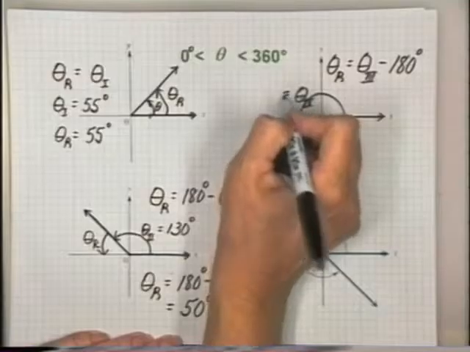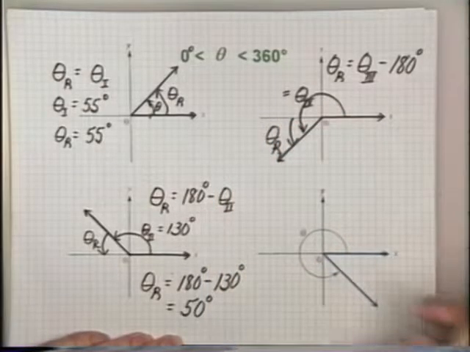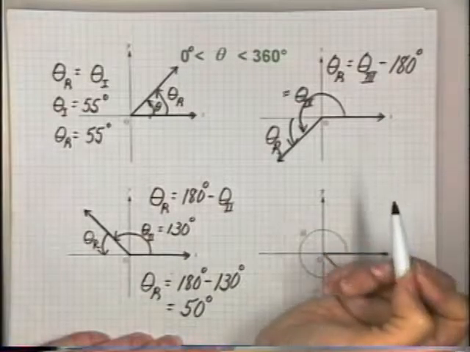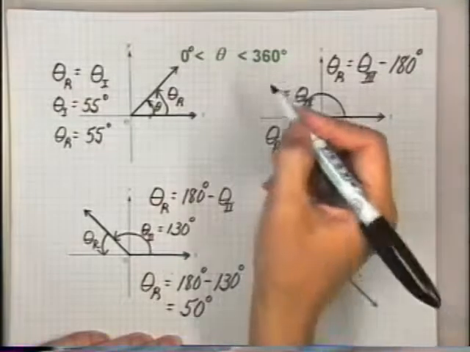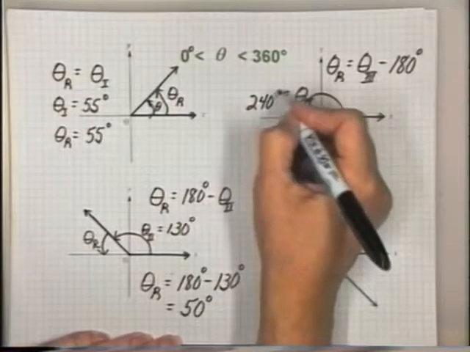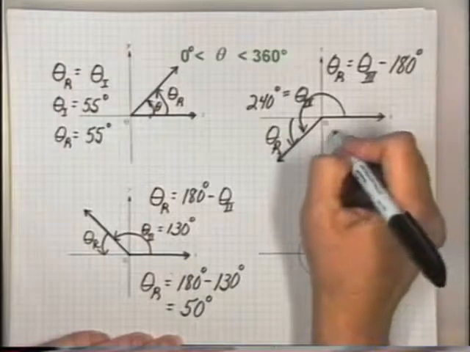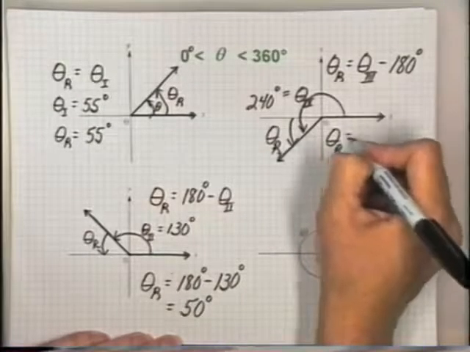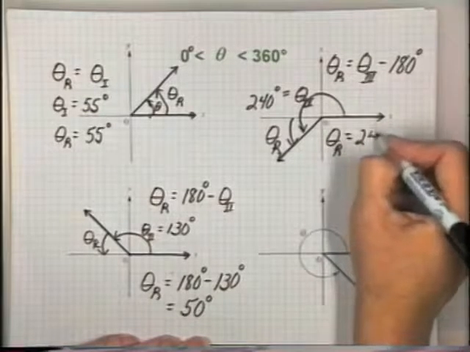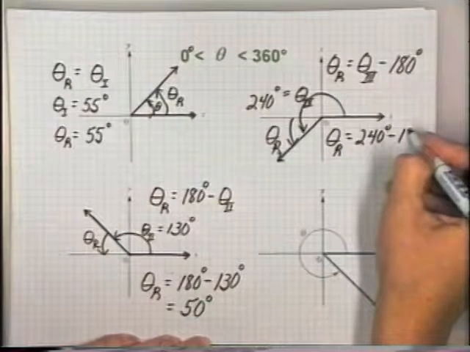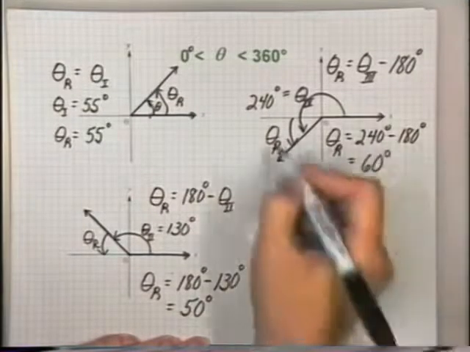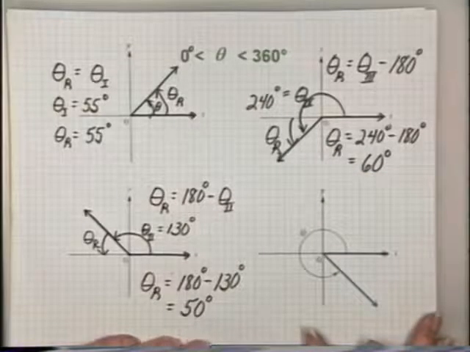Now let's just suppose that my third quadrant angle here measures, let's see, maybe we'll say it measures 240 degrees. To find its reference angle, I will say 240 degrees, subtract 180 degrees, and I will get that this angle measures 60 degrees.